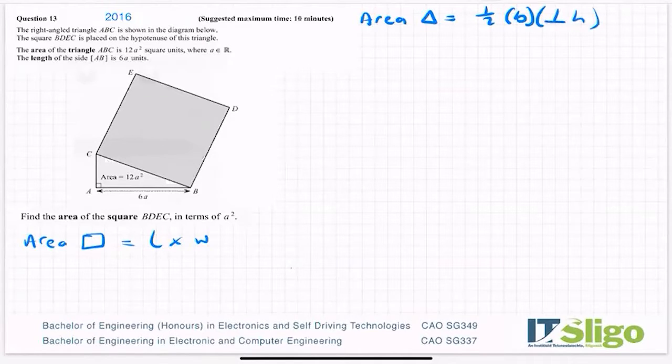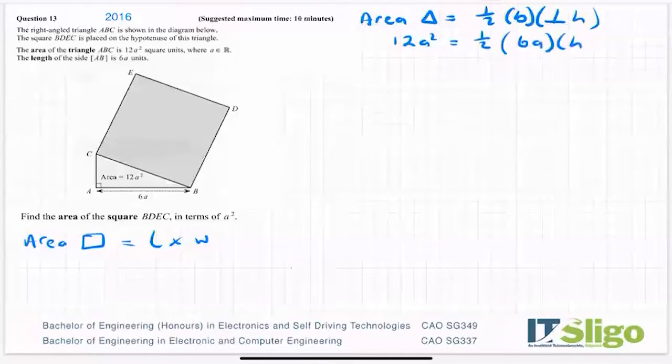That's just the symbol I use for perpendicular. You can do H either. So let's fill in what we have. We have 12a squared being equal to a half of 6a by height, or 12a squared is equal to half of 6a, which is 3a, by h.